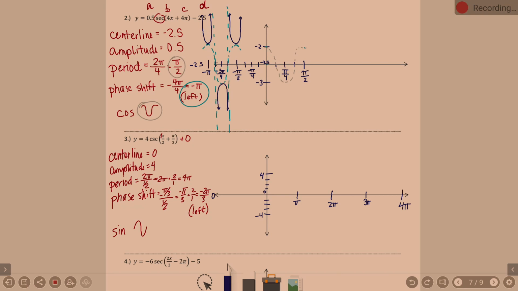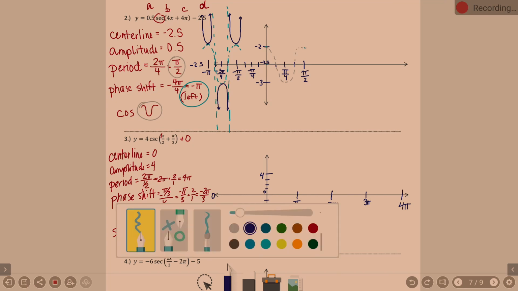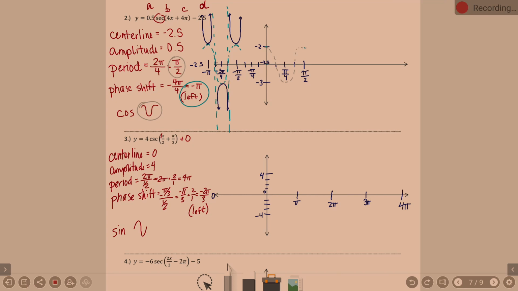Okay. Now, if you want, we can go ahead and draw in our basic sine curve before we shift it, because we're going to need some more marks to make this phase shift happen, aren't we? But if you want to draw in my pre-phase shift version, what's sine going to do?